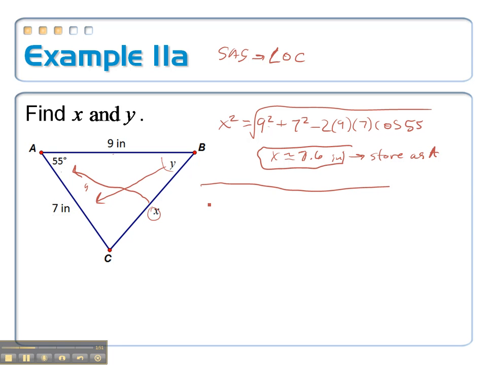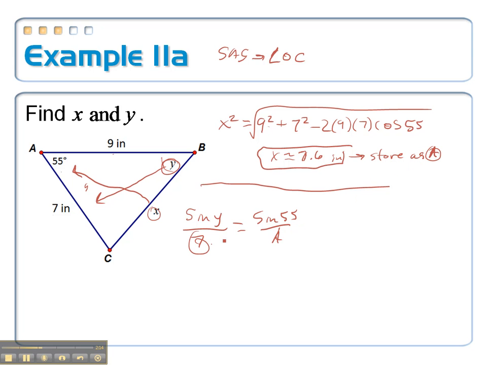No, let me backtrack. I'm looking for an angle, so it goes on top. The sine of y over 7, the side it's opposite, equals sine 55 over x. And that x value, we stored it as a. So I'll just put an a there.